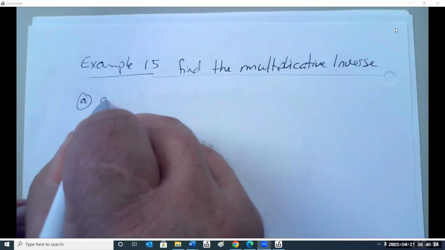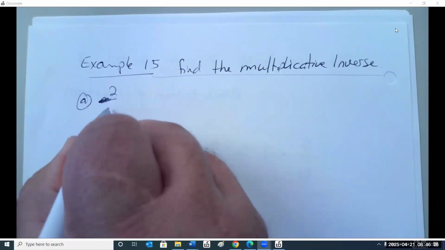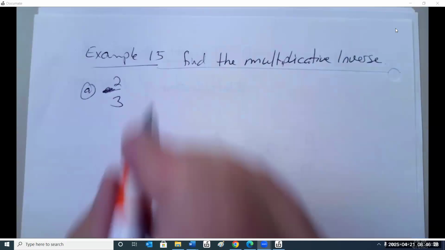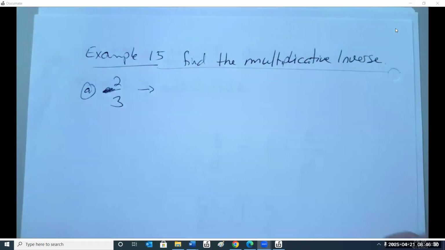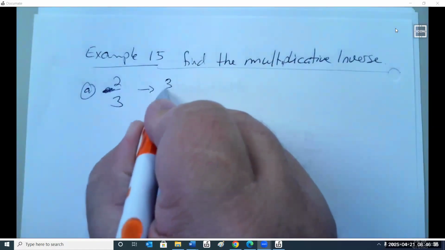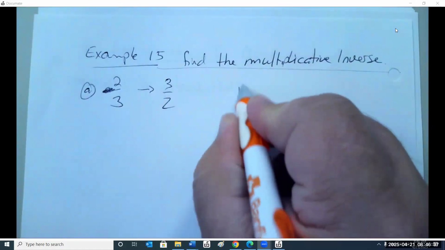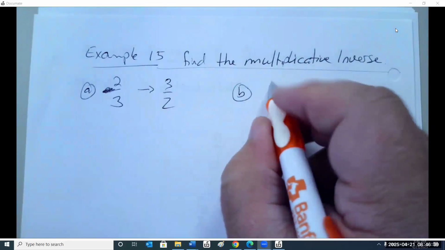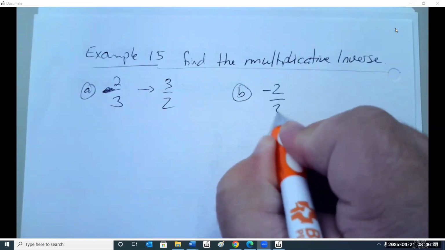What's the multiplicative inverse of 2/3? Right.